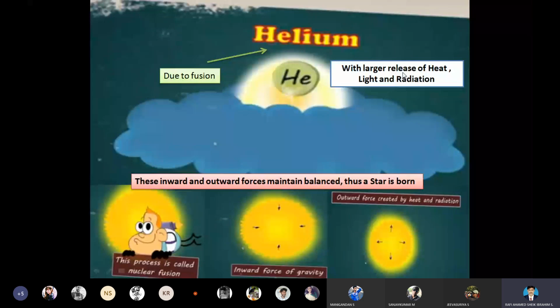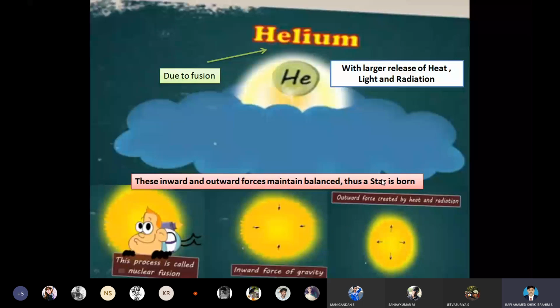With the large release of heat, light and radiation are released from the center core of the star. This process is called nuclear fusion. Nuclear fusion is nothing but the inward and outward forces maintaining balance.